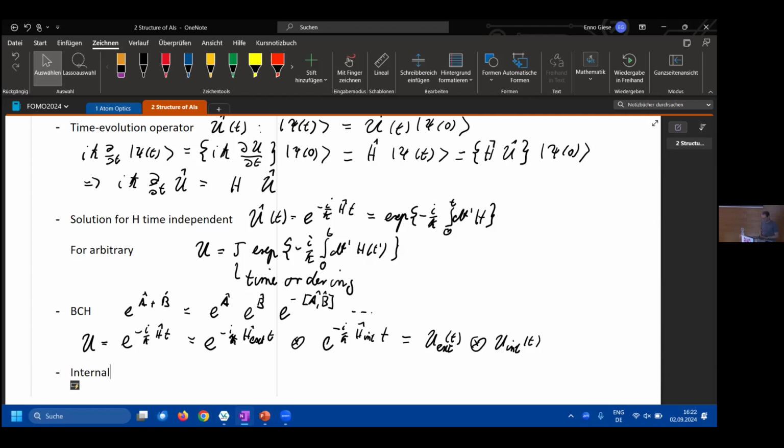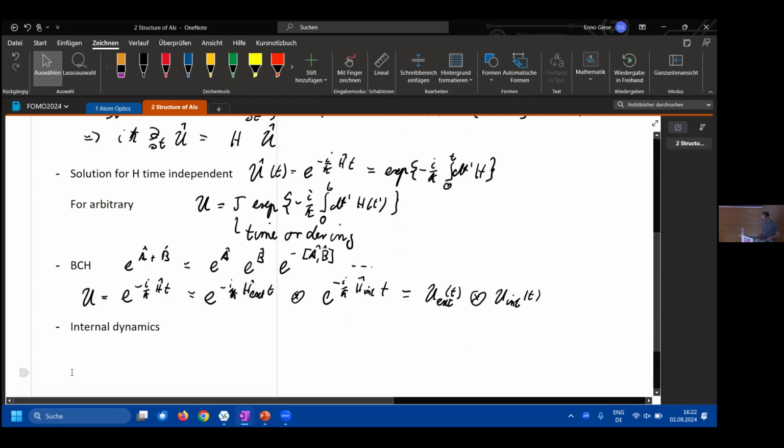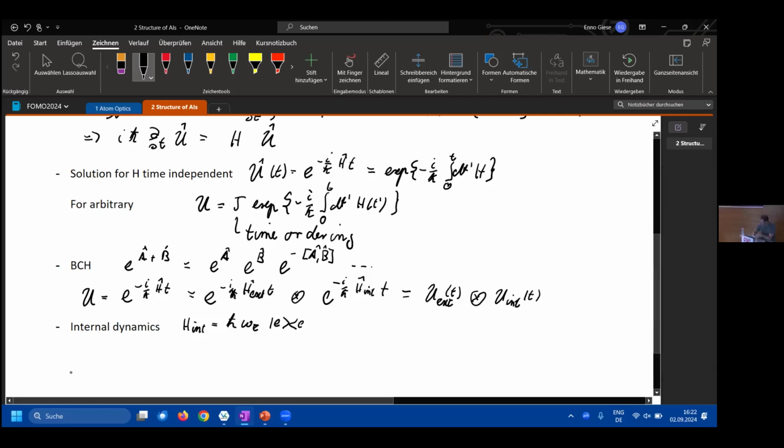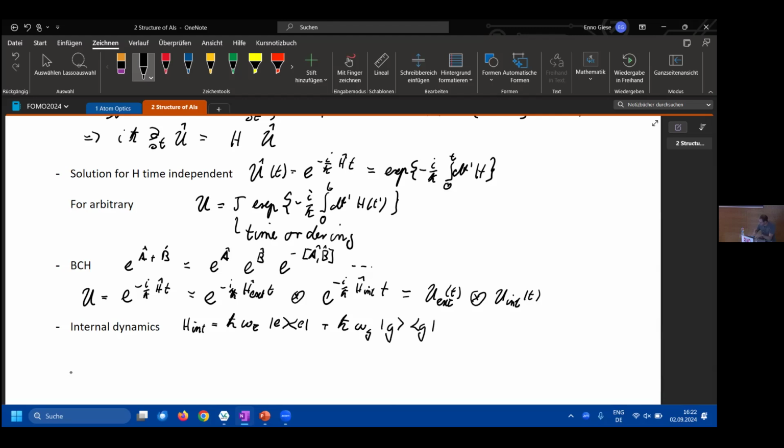So let's just think about this internal dynamics. We have H internal, and that is h bar omega excited times the excited state projector, plus h bar omega ground times the ground state projector.